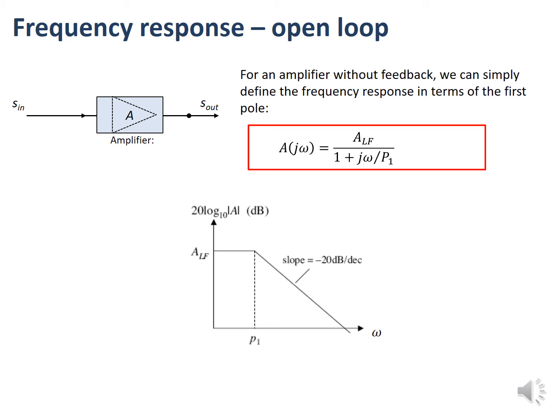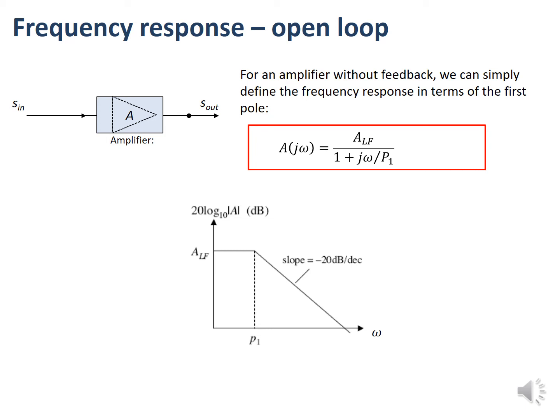I'm going to get a flat section where the gain is fairly constant. I've got the gain in decibels on the vertical axis, and then at some point the gain is going to begin to reduce, and generally speaking I'm going to see a slope there of 20 decibels per decade.